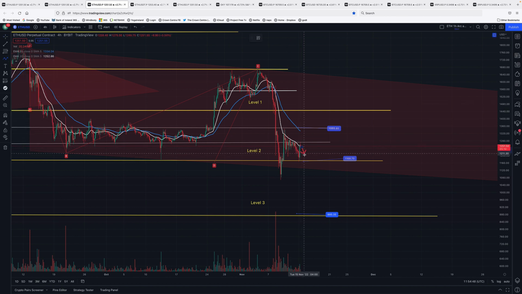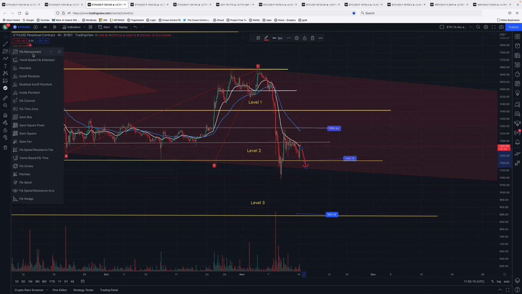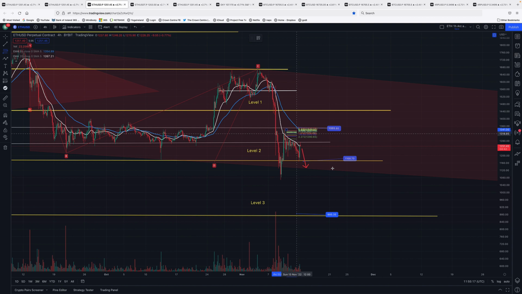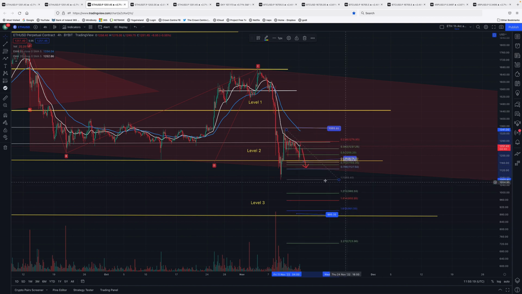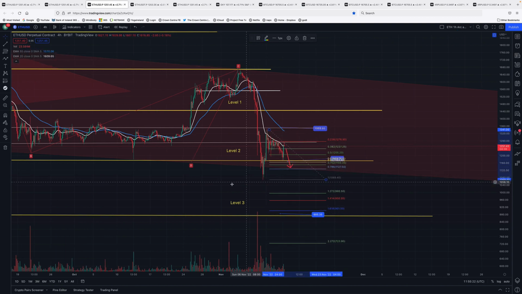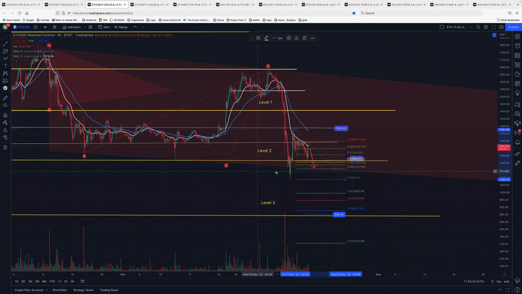So we might come down to the previous level, maybe even break it and finally do a 702 correction, maybe. Sorry about that, guys. First, because I want to separate the trades. So first, a downward movement, and I will put it down to a 786 level. Why? Because we have a trend line there.